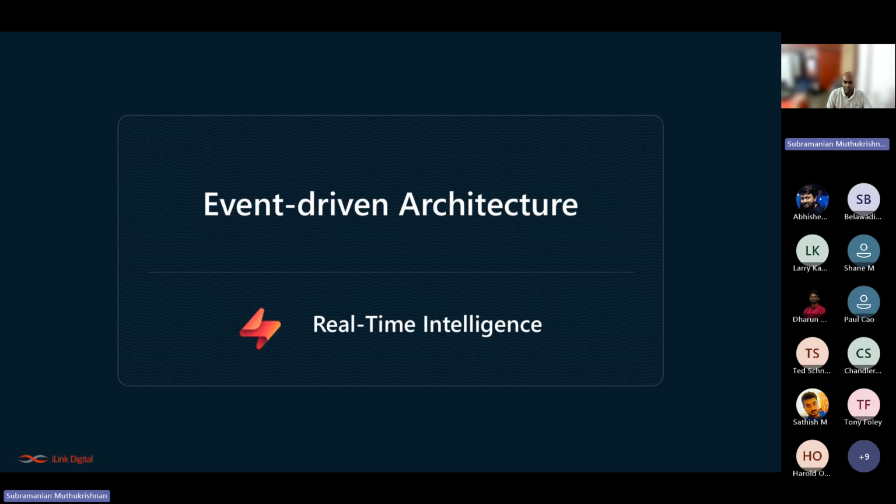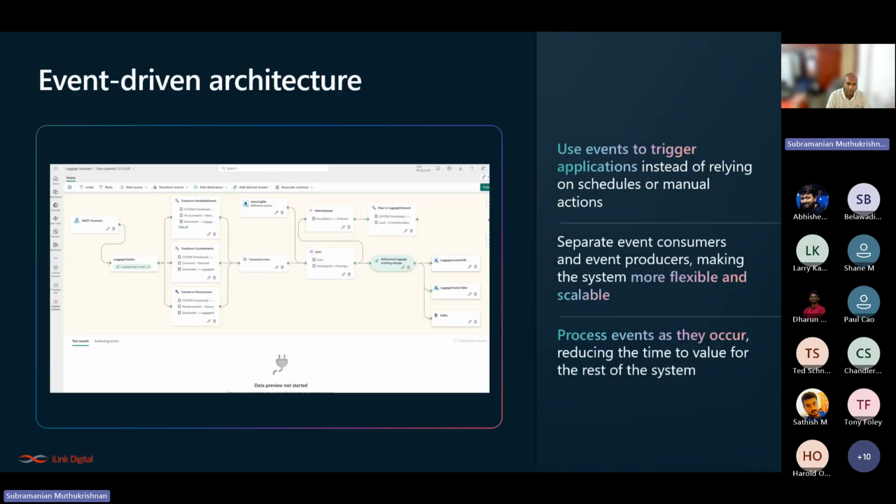And that's where event-driven architecture comes into the picture. If you think about real-time intelligence, it's not always about real-time or streaming data. You can think of it more like an event-driven architecture, where if certain events occur, how can I tap into that so that I don't leave money on the table for the business?